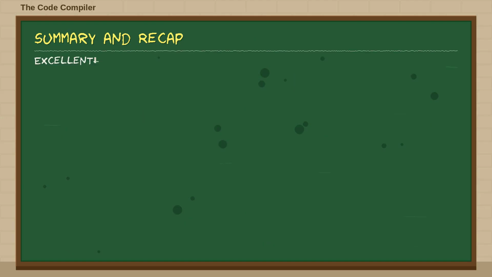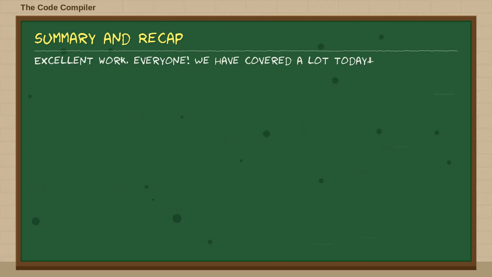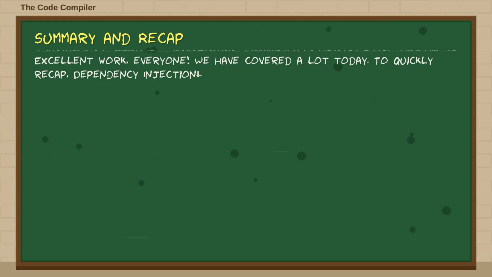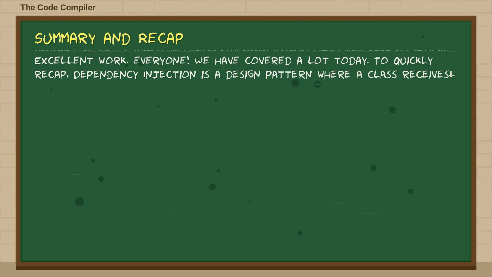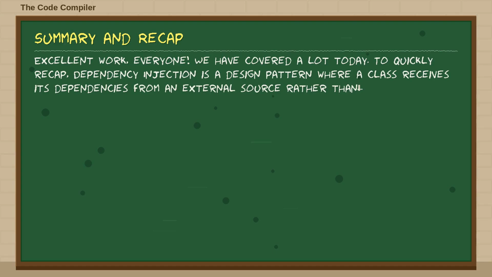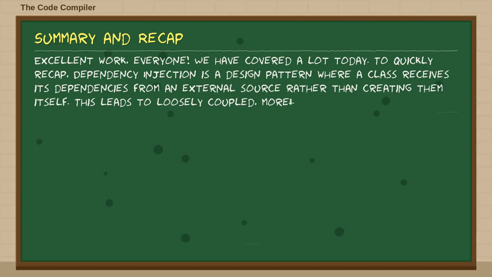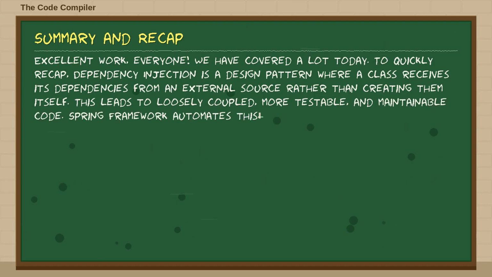Excellent work, everyone. We have covered a lot today. To quickly recap, dependency injection is a design pattern where a class receives its dependencies from an external source rather than creating them itself. This leads to loosely coupled, more testable, and maintainable code.